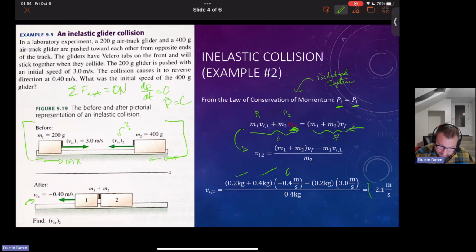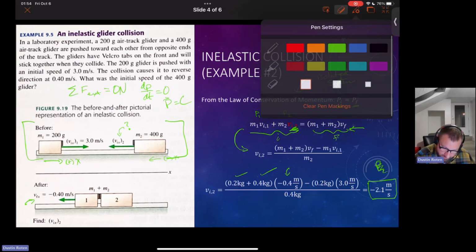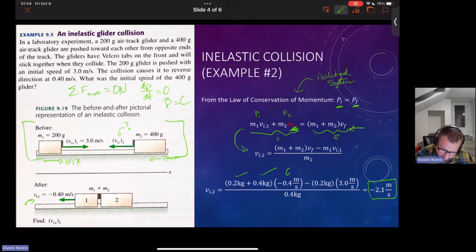So it turns out the initial velocity of the second object, I want to call it a cart. So this is cart 2. The velocity of cart 2, the initial velocity was negative 2.1 meters per second.